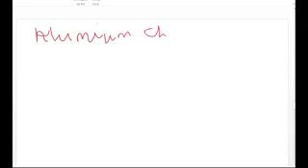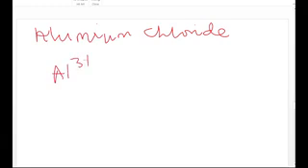Now, if I'm having aluminium chloride, let's look at that. Can anyone tell me the charge on aluminium? 3+. Thank you. Aluminium is Al with a charge of 3 plus.